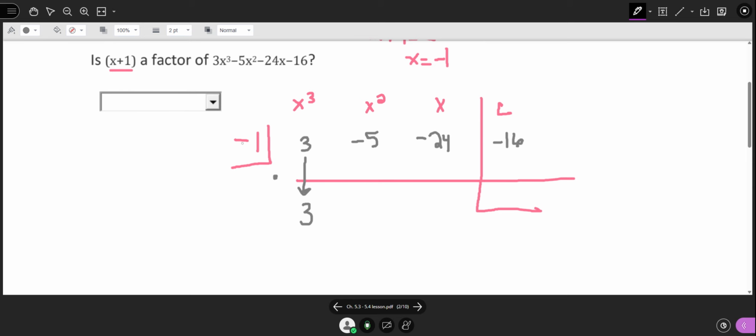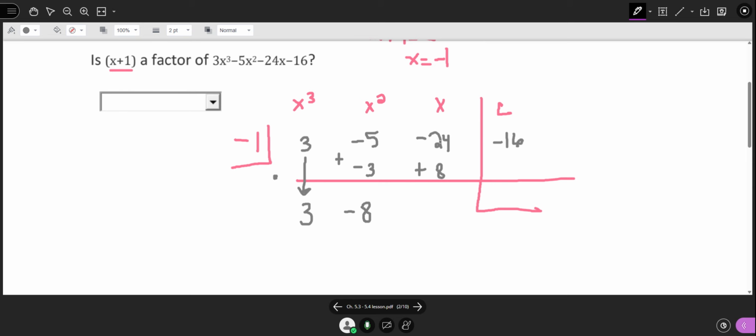Times. Negative times positive is minus. 1 times stuff is stuff. Add. Now at this point in the semester, remember your head is broke, so use Mr. Goodbuddy. Negative plus negative is negative. 5 plus 3 is 8. Negative times negative is positive. 1 times stuff is stuff.